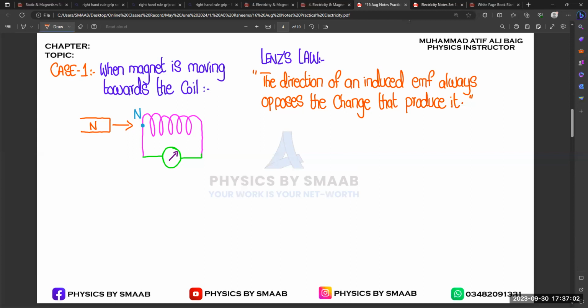So basically it opposes the change which actually produces it, because the north pole is responsible for the induced EMF in the coil, right? And the magnetic field in the coil actually opposes the north pole, right? So that's why a north pole is produced over here, and the direction of the field will be in the opposite direction.